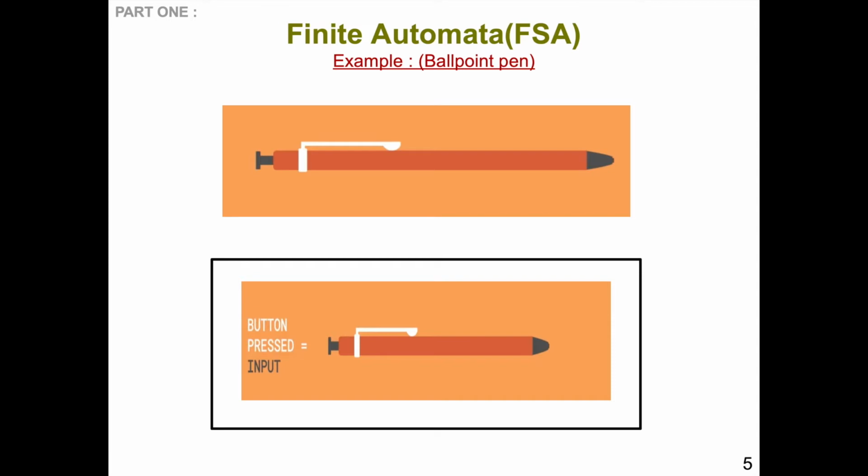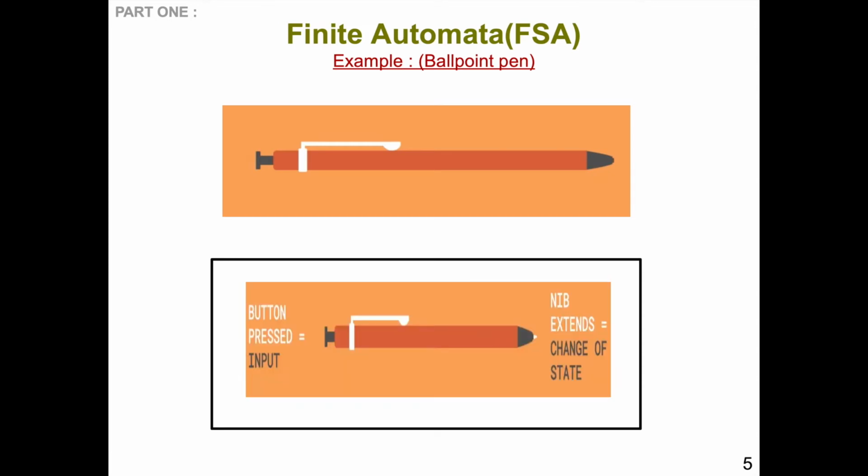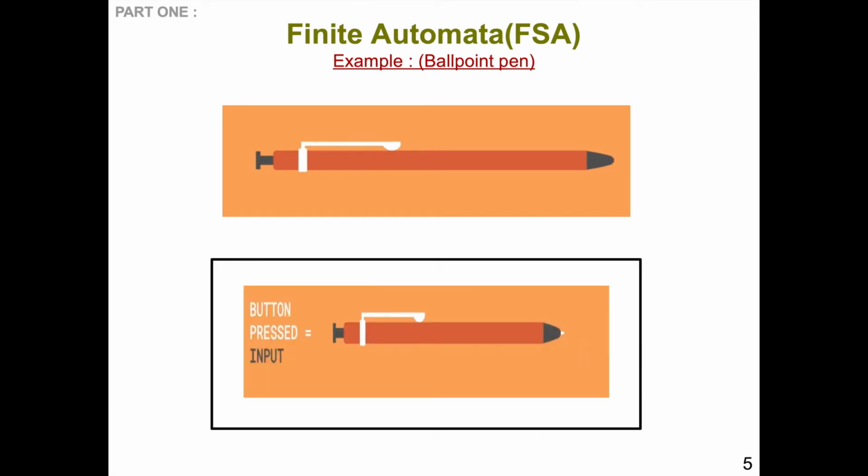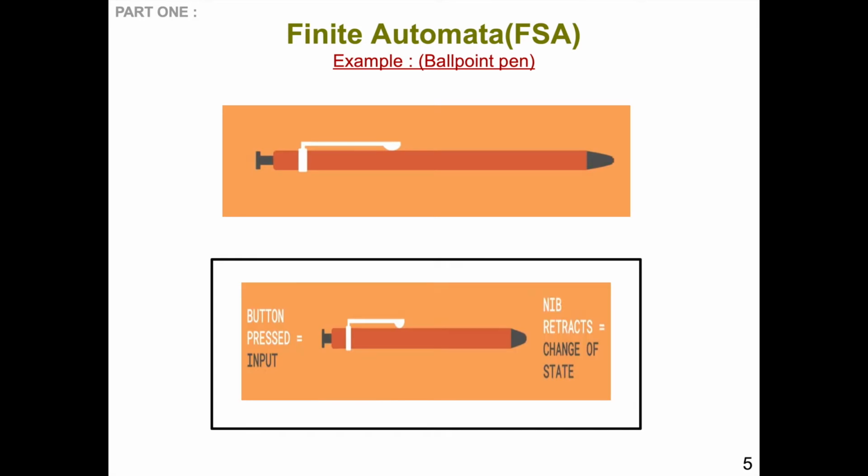Whenever we press the button, what happens? The nib of the pen extends, and here the state changes. Now, in order to change the state again, I need to press the button again, then the nib will retract.